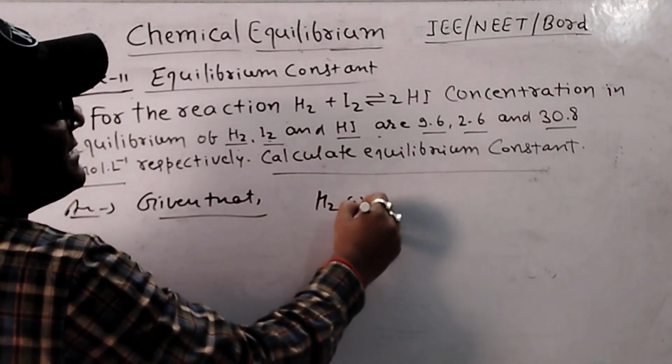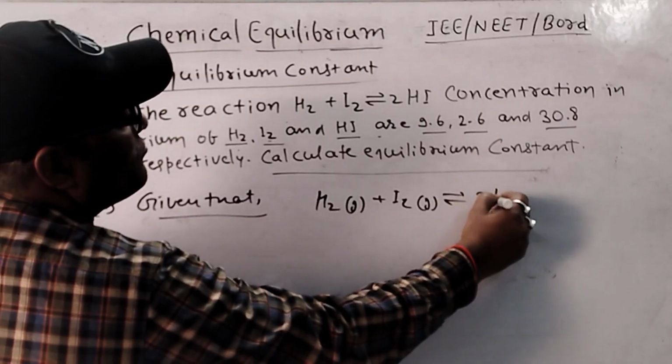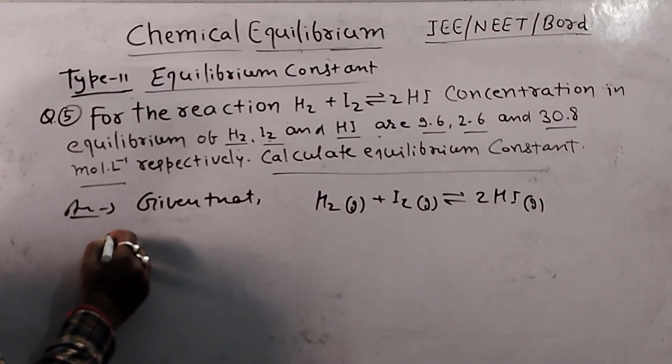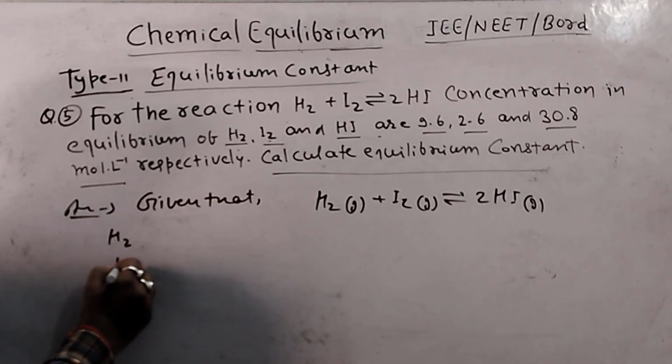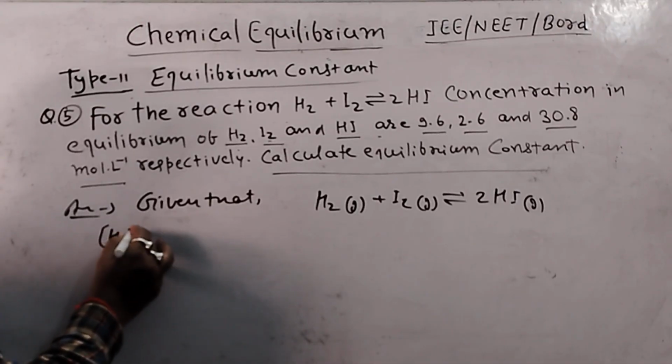So according to this question, given that H2 gas reacts with I2 gas to form 2 mole of hydrogen iodide gas. So here the concentration of H2, concentration of I2 and concentration of hydrogen iodide are given in mole per liter.